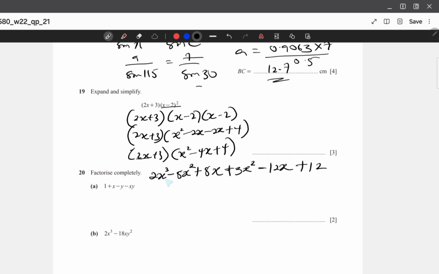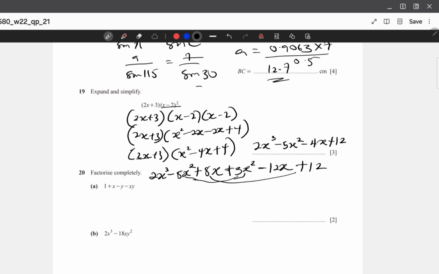So if we simplify this now, these are like terms, and these are like terms. So it will be 2x cubed minus 3x square, plus this will give me minus 5x square. This and this will give me minus 4x, then plus 12, and that's my answer.